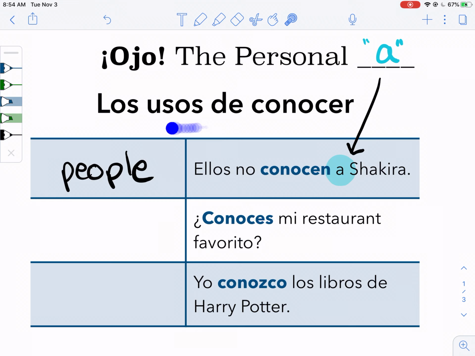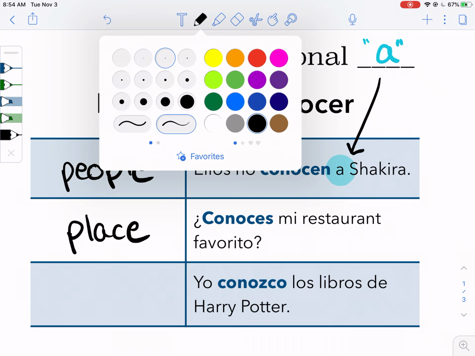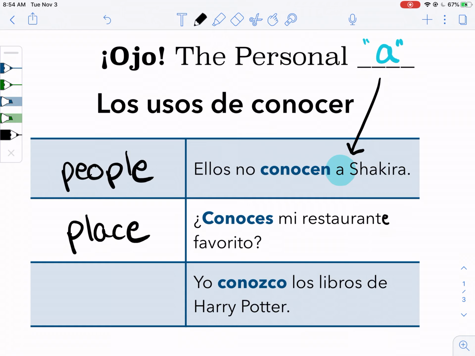You can also use conocer when you talk about knowing a place. So, ¿conoces mi restaurante favorito? Like that. Do you know my favorite restaurant? And finally, yo conozco los libros de Harry Potter. This is with a work of art or like literature or things like that.